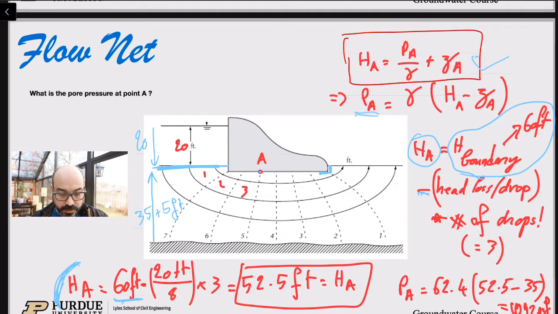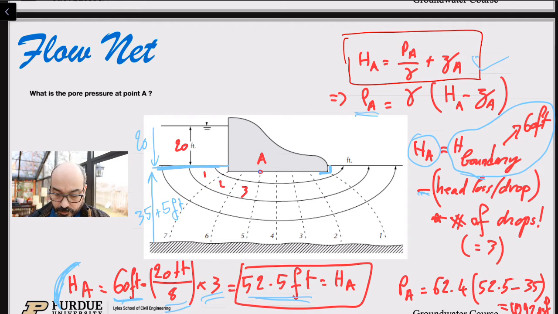All right, so 60 feet minus the head loss per drop, which we calculated last time, right? 20 over 8 times the number of squares, 3. And if you calculate all that, you end up with the total head at A is 52.5 feet, okay?